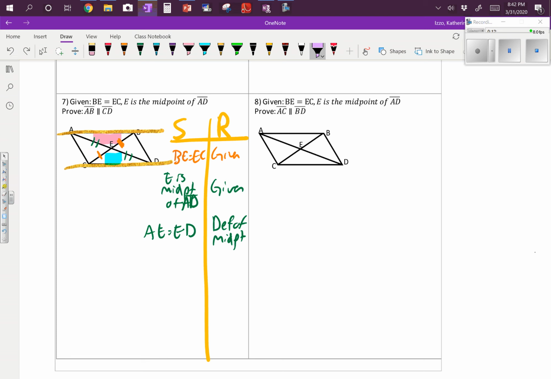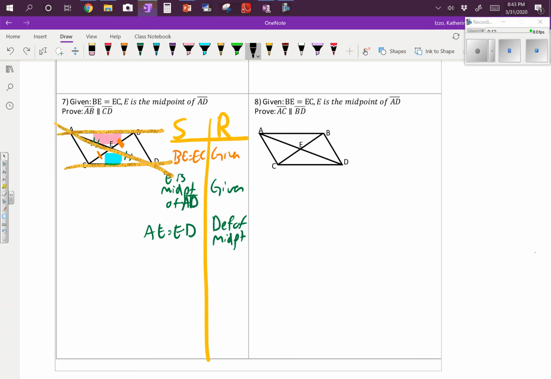Because if I'm looking at these parallel lines, an angle that would really help me would be if I were to draw the diagonal here and have angle D matching angle A. That would get me parallel lines. I could also go the other way.